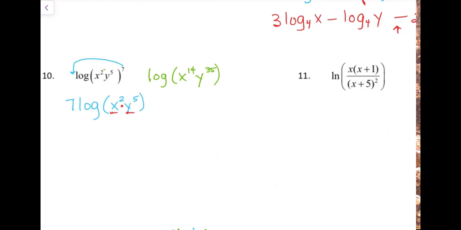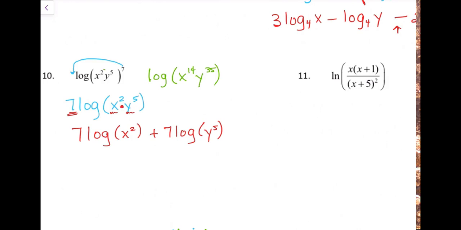So I'm going to have, now I do have to remember that this 7 is going to come with me for both of those logs. So I'm going to have 7 times the log of x squared, and then 7 times the log of y to the 5th. And of course, because I split at multiplication, the operation between those two is addition.